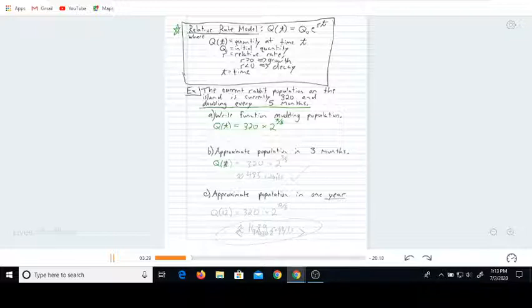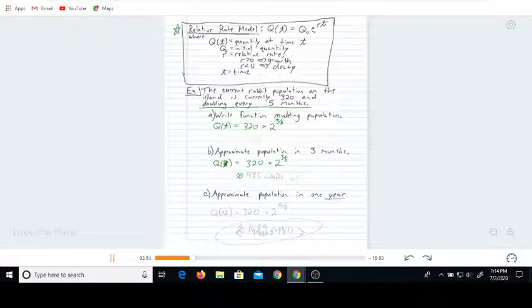Suppose we want to know the quantity at 3 months. So set t to 3, so quantity at 3 months equals 320 times 2 raised to the 3/5. So we set the time value to 3. And that will not be a rational value. Let's go ahead and punch it into the calculator.